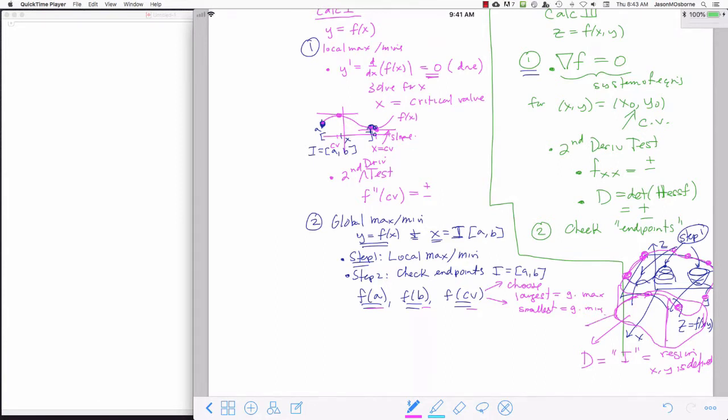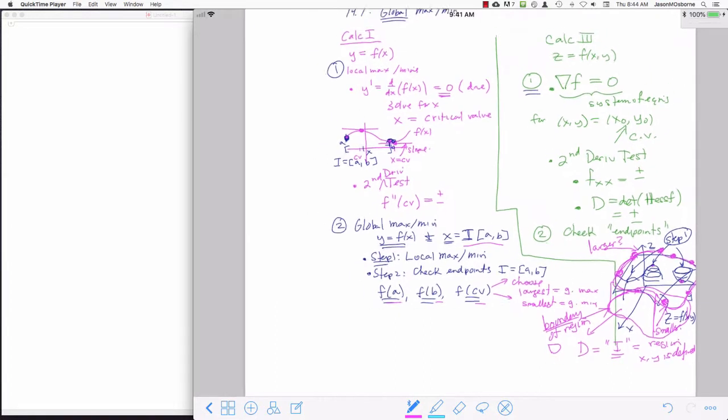This part here is called the boundary of the region D. And the boundary of the region D is the equivalent of the endpoints of the interval I. Okay? So what we need to do is find a way to test the endpoints or the boundary of the region and see if there are any larger values. Or maybe over here there is a smaller value of the function than what was on the inside of the region. Okay? So that's what we need to do.